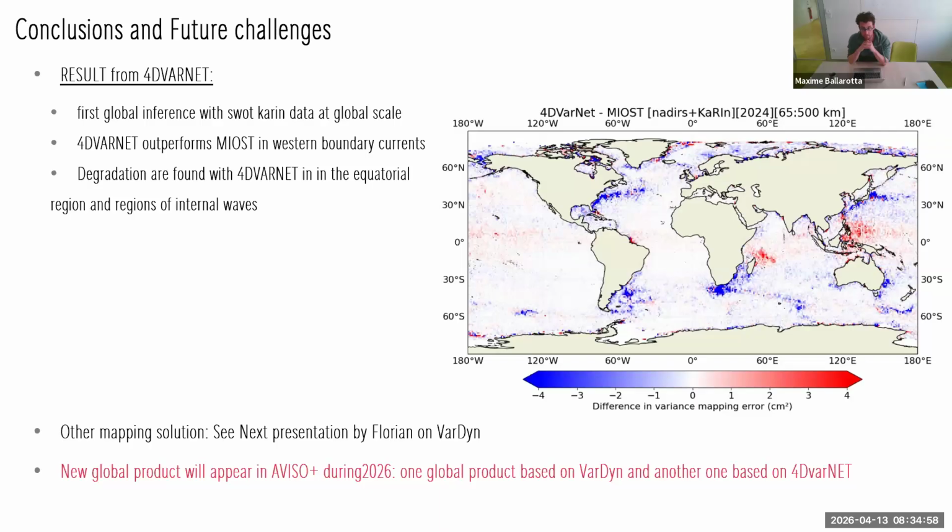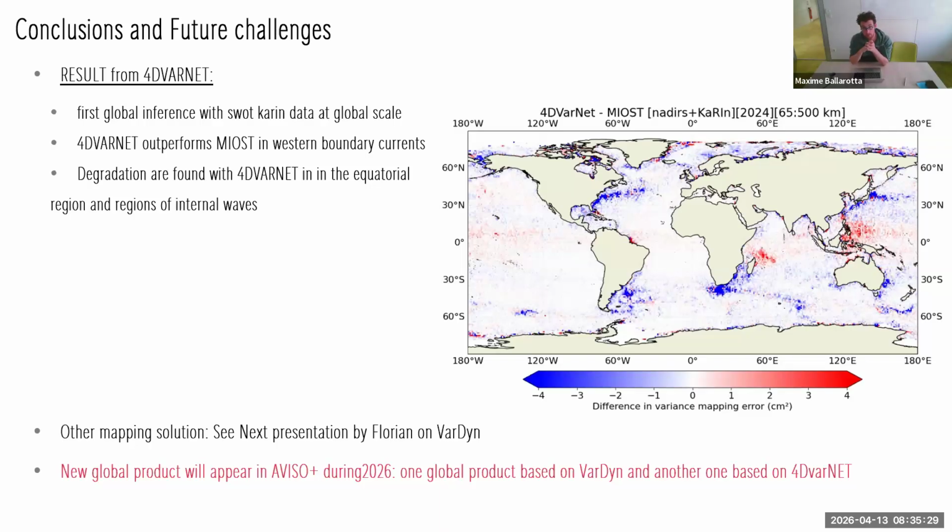The 4D Varnet approach is quite good in energetic currents, such as the Gulf Stream, along the ACC, and Kuroshio. Finer scale eddies are present in this 4D Varnet reconstruction compared to the MIOST level 4 product.